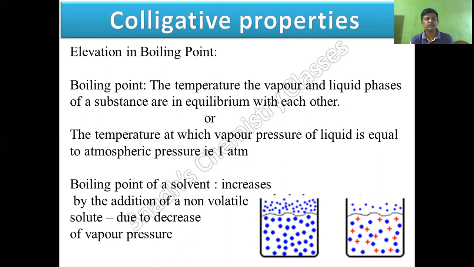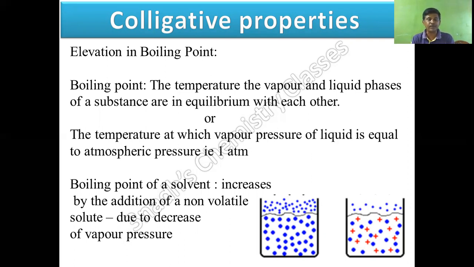Or it is the temperature at which vapor pressure of a liquid is equal to the atmospheric pressure, that is 1 atmosphere. If we keep on heating this liquid, its vapor pressure increases. In my previous video we saw that vapor pressure increases with increase in temperature.